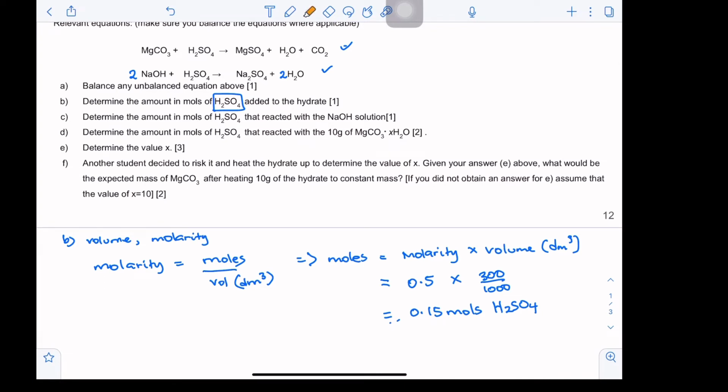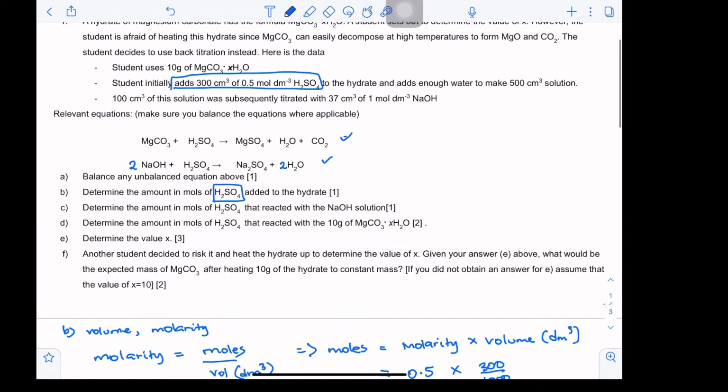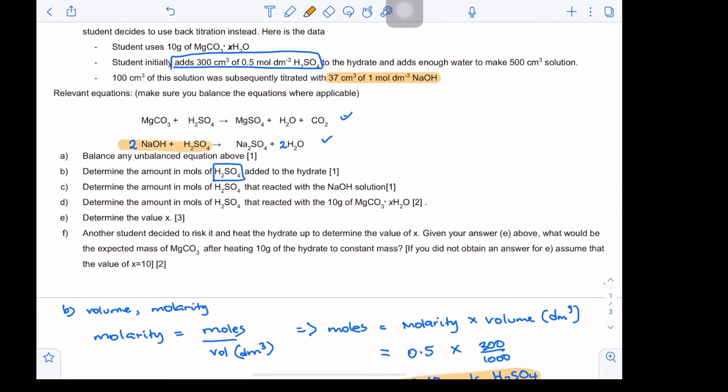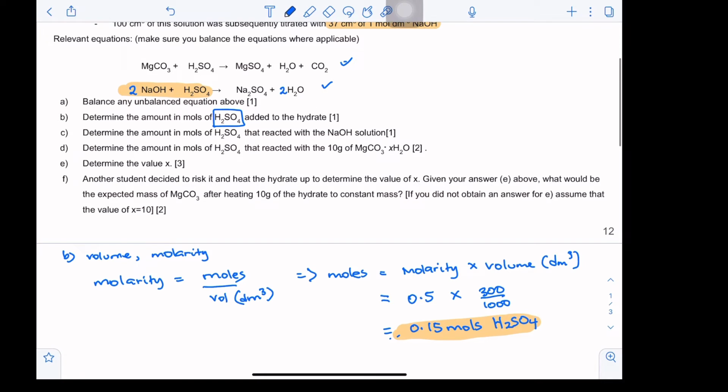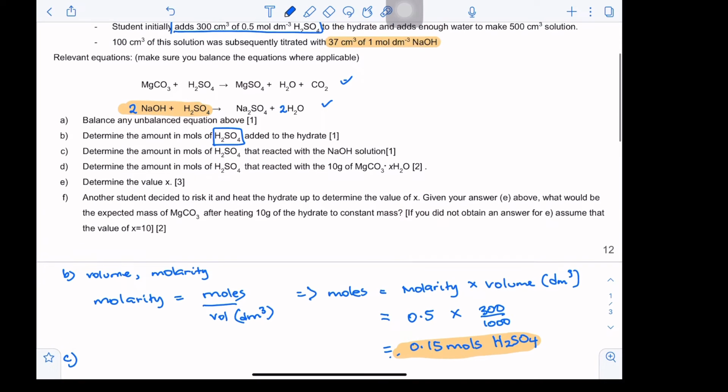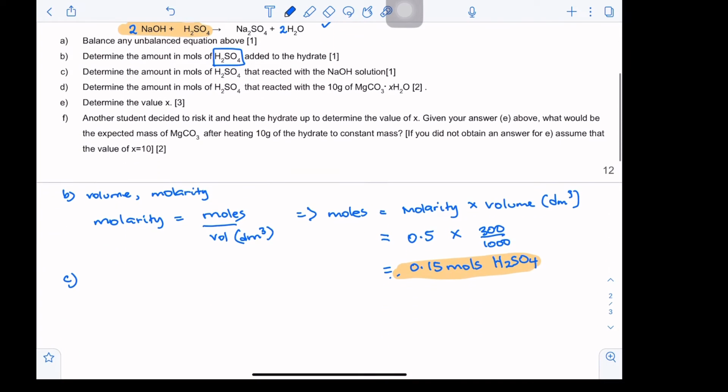Okay. The next question is determine the amount in moles of H2SO4 that reacted with NaOH. Okay, so to get that, we have to use the moles of NaOH that were used, and then use the mole ratio to determine the moles of H2SO4. So the moles of NaOH are: moles equal molarity times volume.